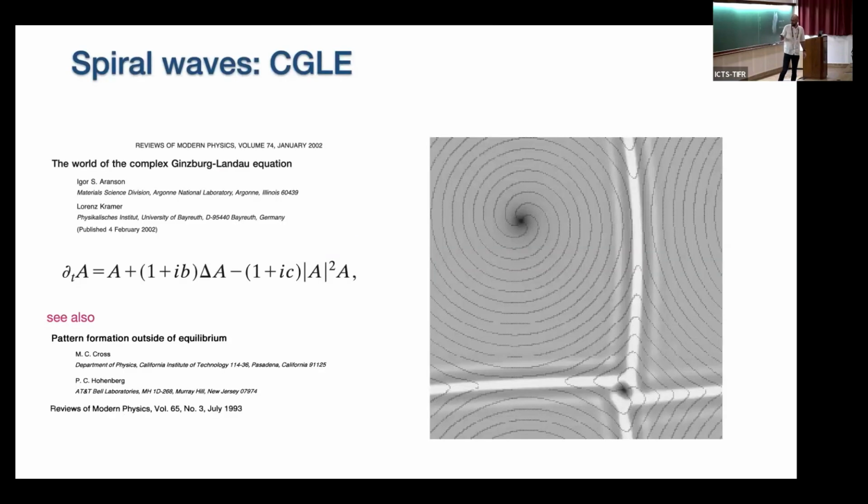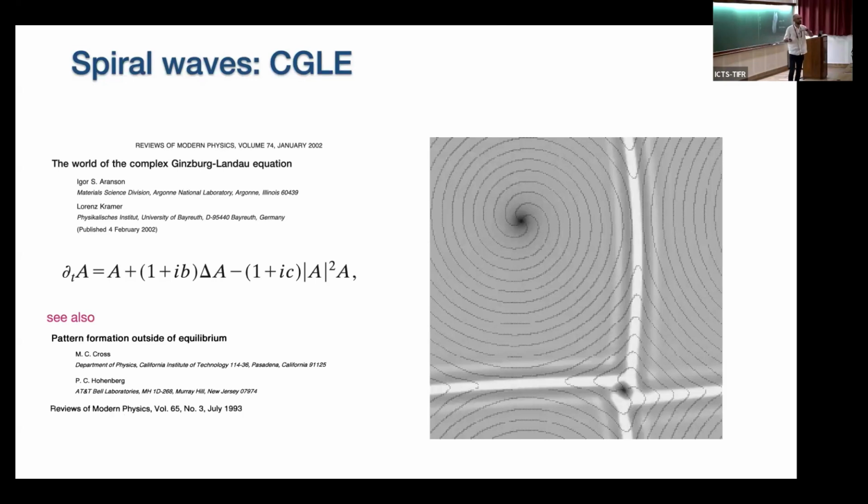Okay, so let's have a look at the properties of vortices in this type of equations. And let me just start with some example from the literature. So taken from this paper on the complex Ginzburg-Landau equation that is about 20 years old, I guess. It's a review paper. And so you see that the vortices that you get here, they are not your ordinary vortices.